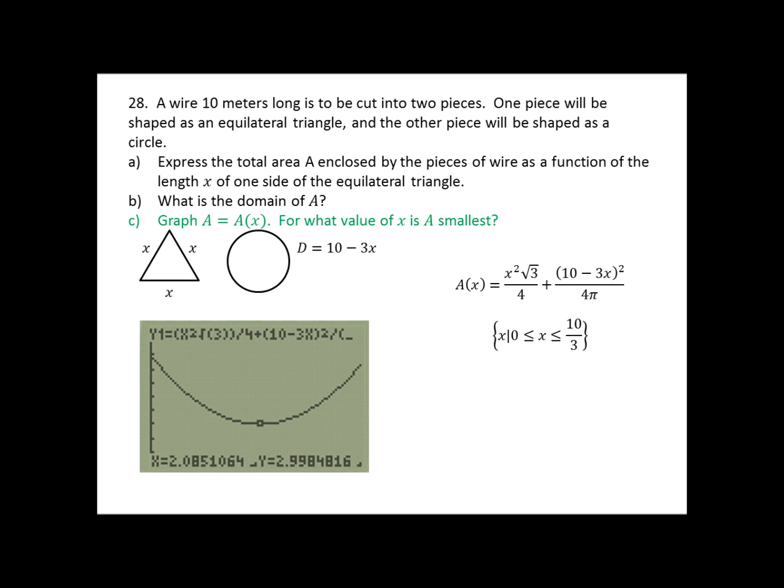So we're looking for the smallest area, which is at the bottom of this curve, and that happens when x equals 2.085. So if we make the equilateral triangle 2.085 on all 3 sides, that will give us the smallest area contained.